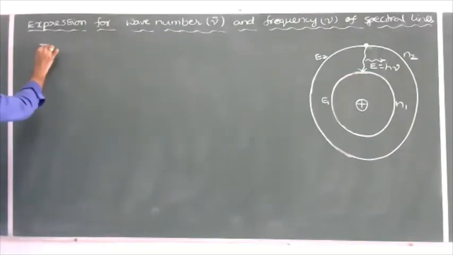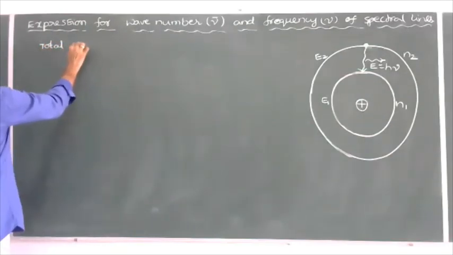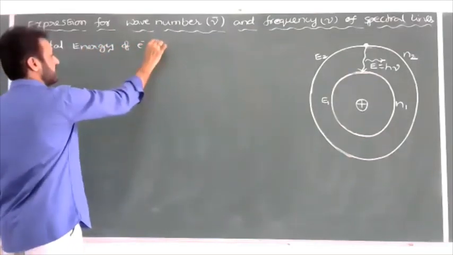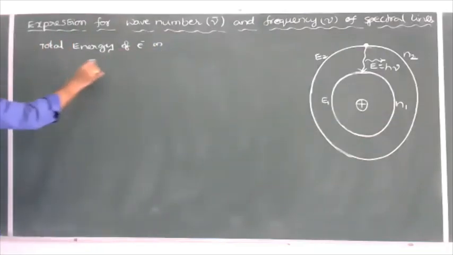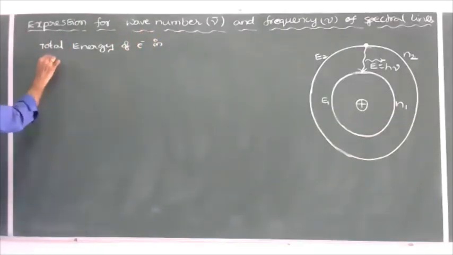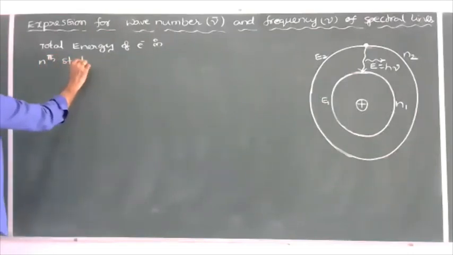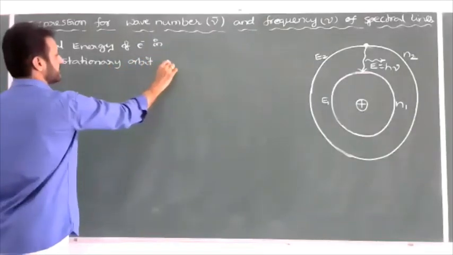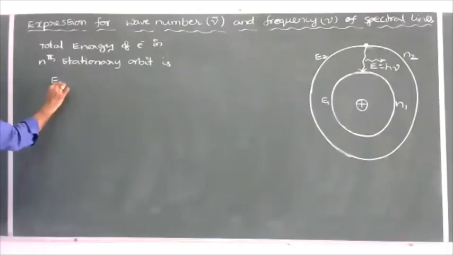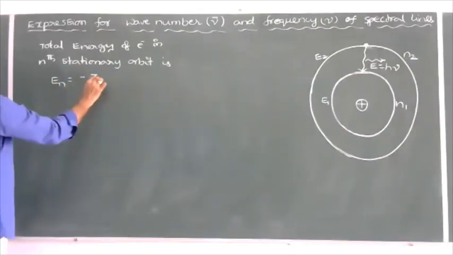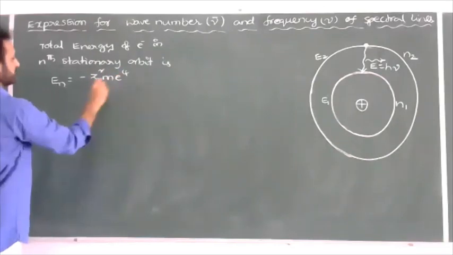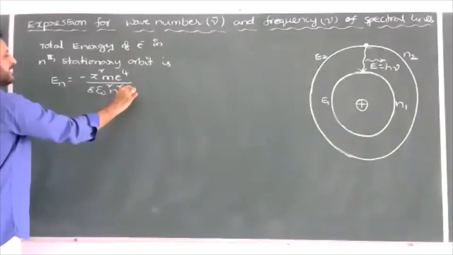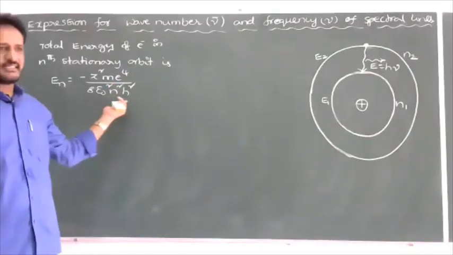The total energy of the electron in the nth stationary orbit, an already known formula, is En equal to minus Z square into m e power of 4 by 8 epsilon naught square into n square h square. In the previous class, I derived this question, 5 marks.